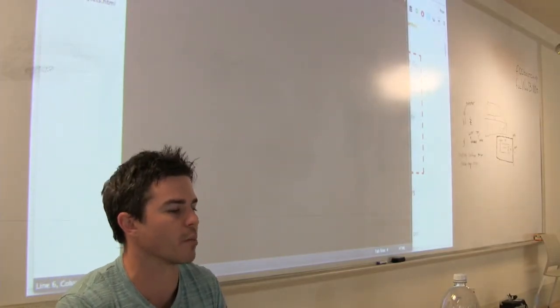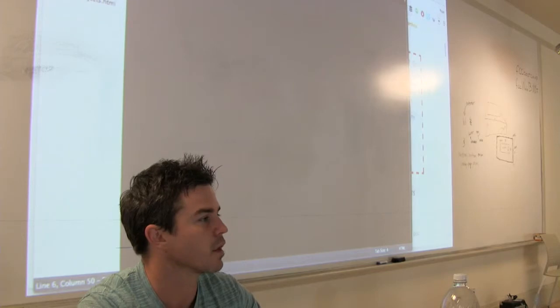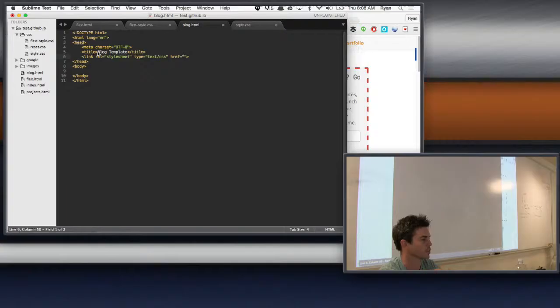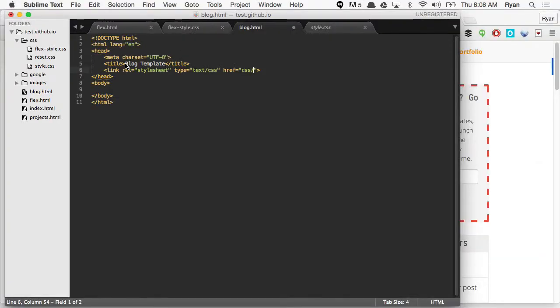But just for the sake of us learning, I want to go back through and build it from scratch. That way it becomes repetitive and you understand what's going on. So usually you wouldn't do this, but for learning's sake, we will.